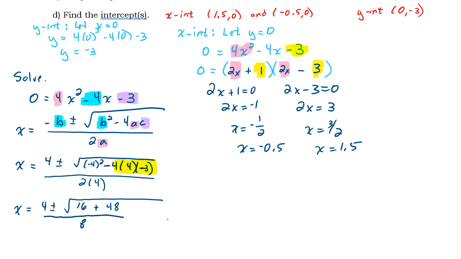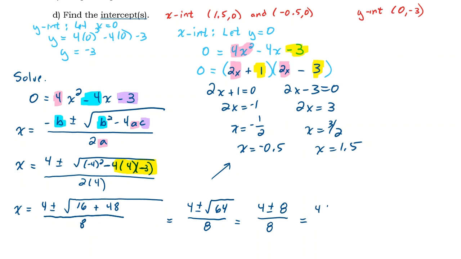All right, let's keep going here. So we have 4 plus or minus the square root of 64 over 8. Now 64 is a perfect square, and I would expect that because this factored. Because this factored, I'm going to expect that what's under the square root is a perfect square.